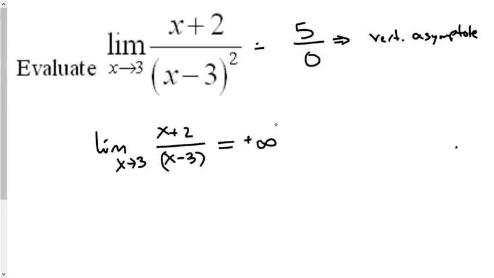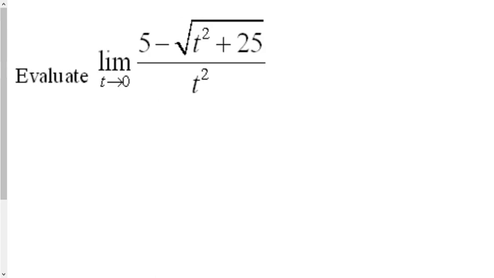I just think this makes a little more sense, and it's more descriptive. Okay? So we do have this vertical asymptote at x equals 3, and that's the main point of our lesson, but the limit does exist. It's at positive infinity for this. Let's look at another one.